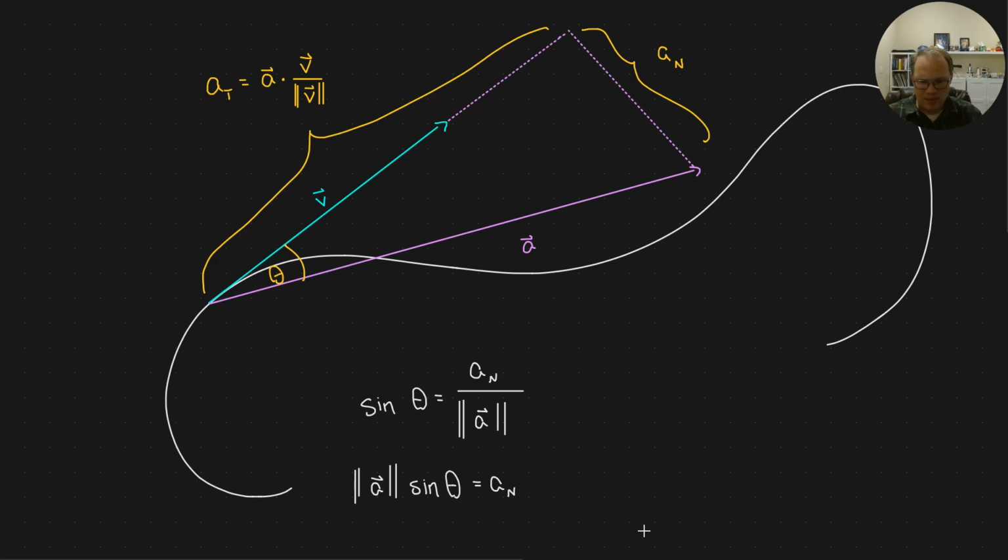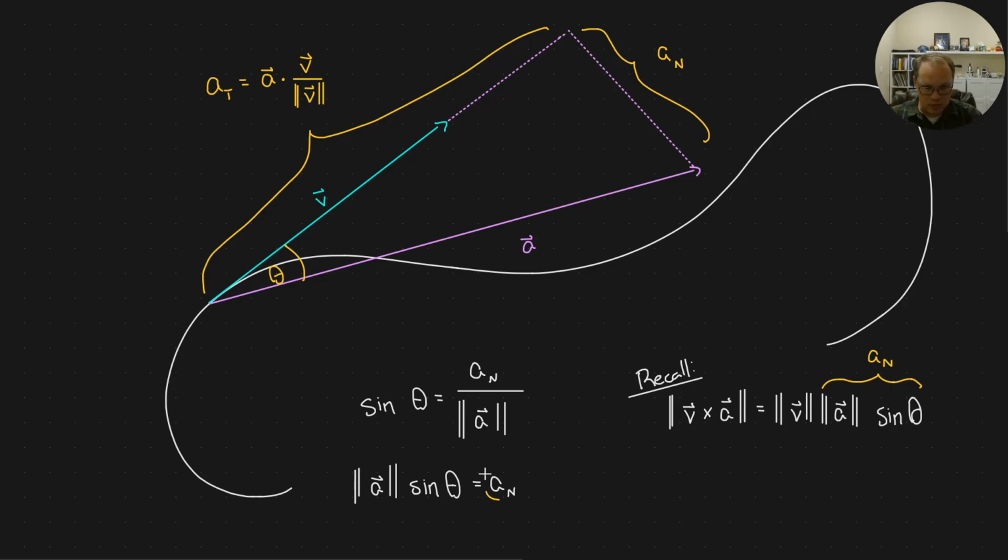Now, the angle between two vectors, that's familiar. We have a way to calculate sine of the angle between two vectors. Specifically, recall that the norm of the cross product of two vectors is equal to the magnitude of v times the magnitude of a times sine of the angle between them. This right here, that's a sub n. That's what we want.